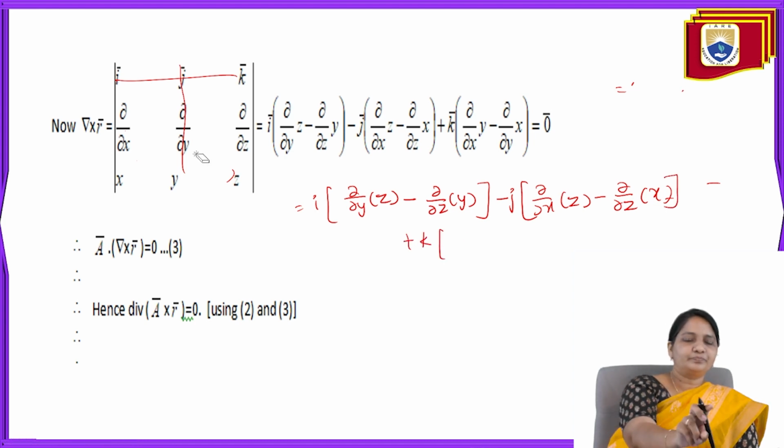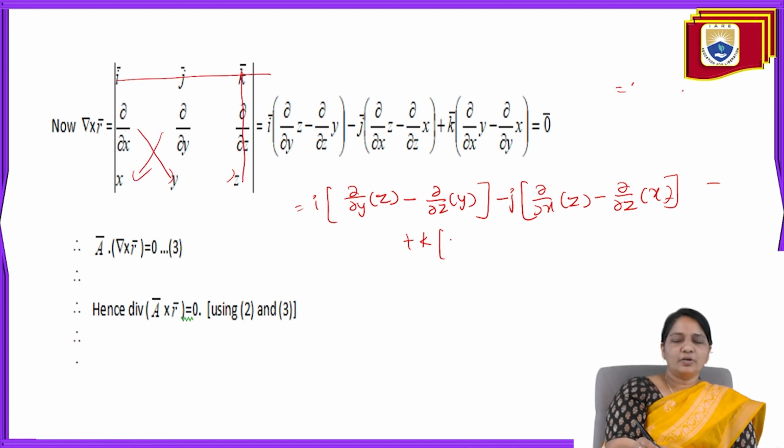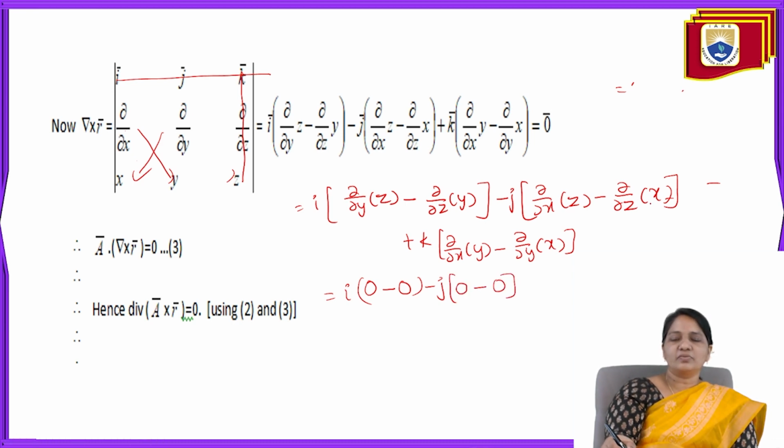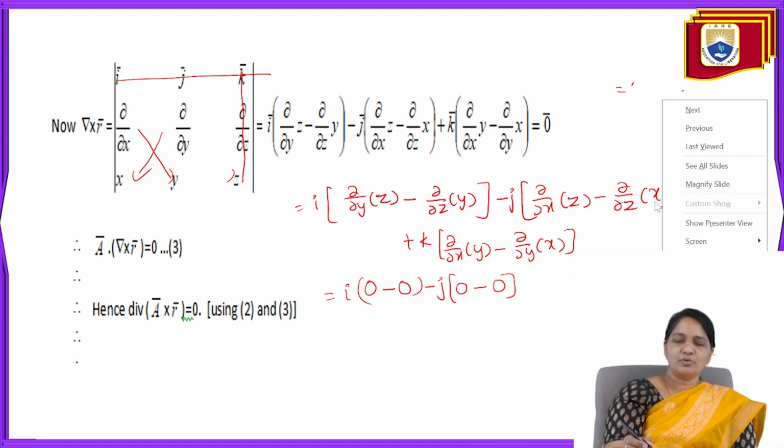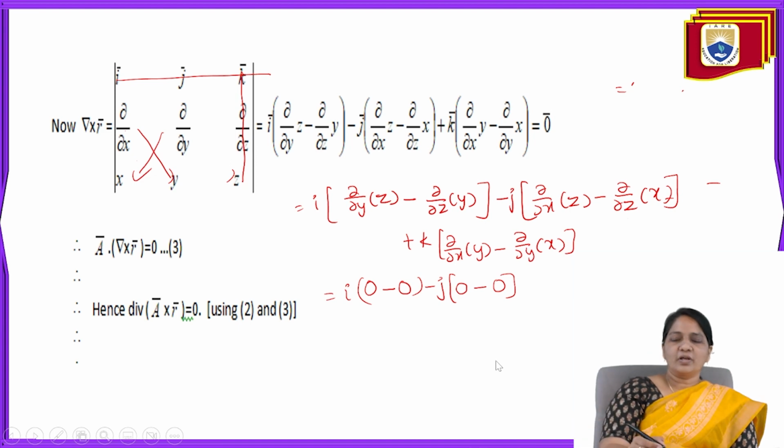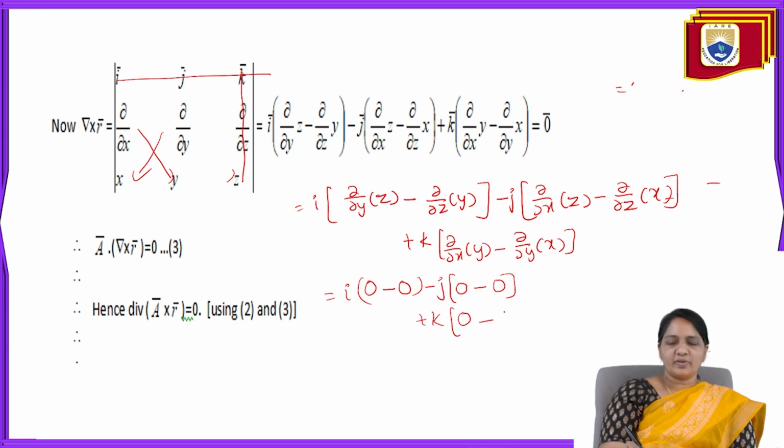Plus k into dou by dou x of y minus dou by dou y of x.